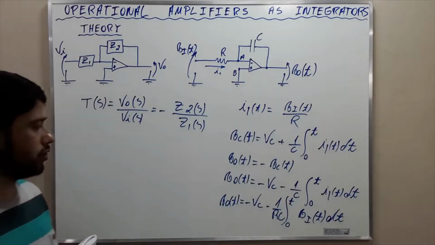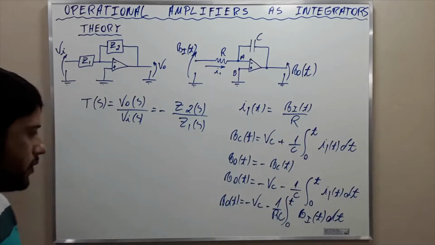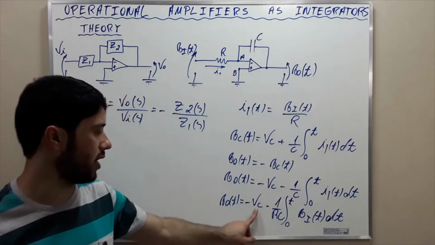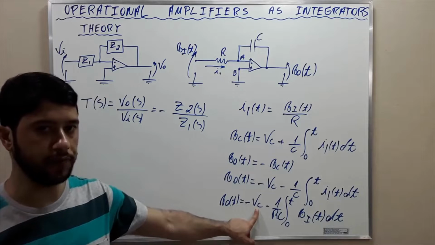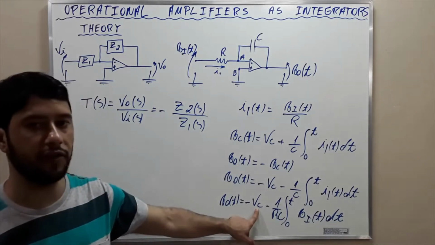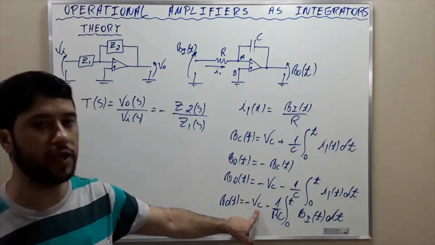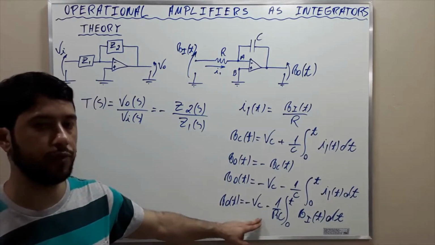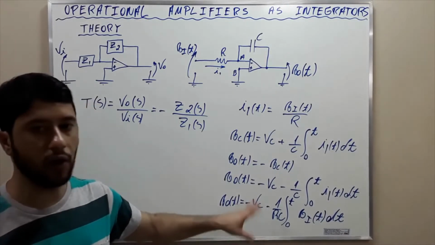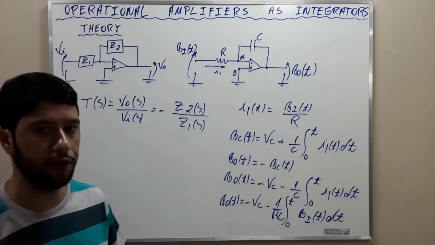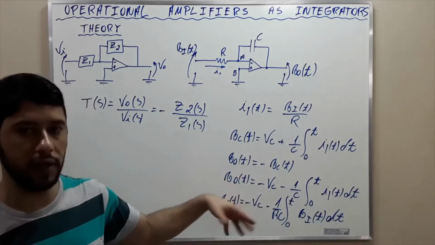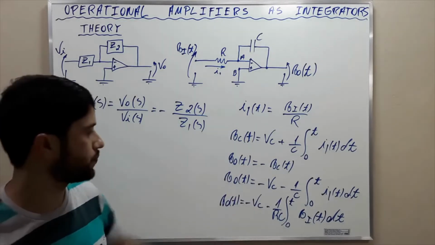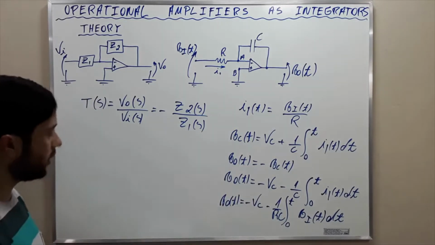This is the voltage across the capacitor from 0 to t. Okay, assuming that at first the capacitor has a voltage Vc. This is the initial condition. We can set the initial condition to be equal to 0, but we are considering everything here in the theory. Later, in the exercise, we are going to set it to be 0. Okay.